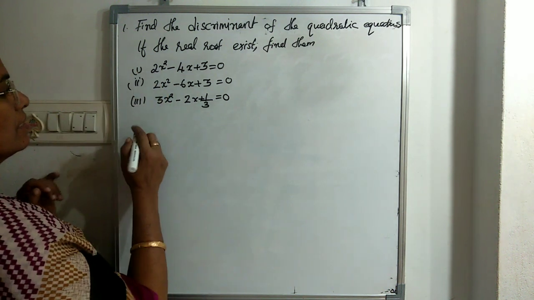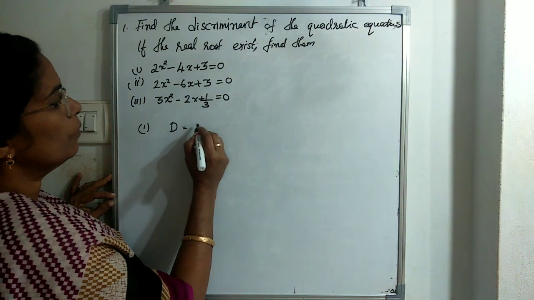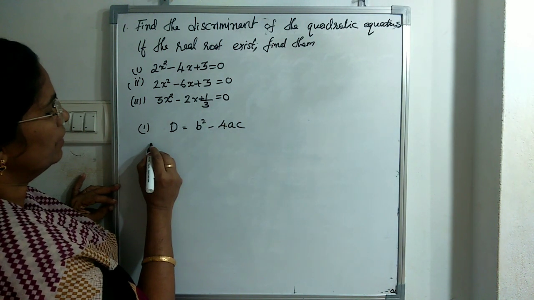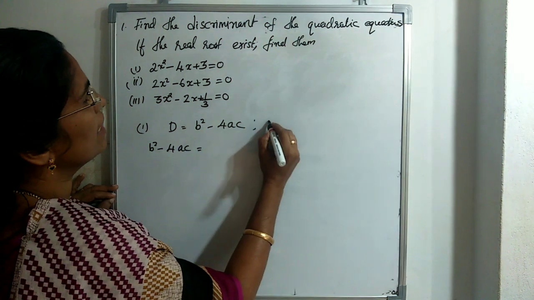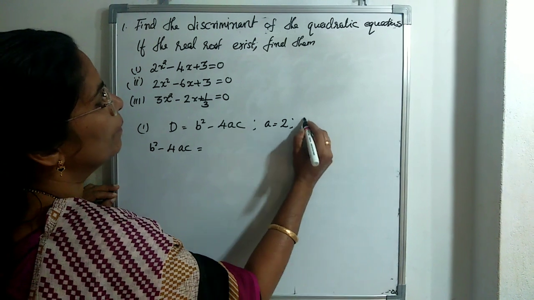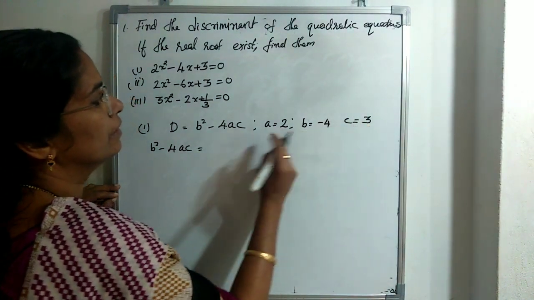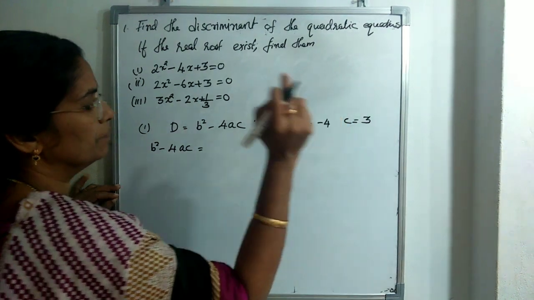The first question's answer we can check. As we know, the discriminant D is equal to b square minus 4ac. Then we can find b square minus 4ac of the first one. Here what is a? It is 2. b is equal to minus 4 and c is equal to 3. So first you have to write the values of a, b, c.